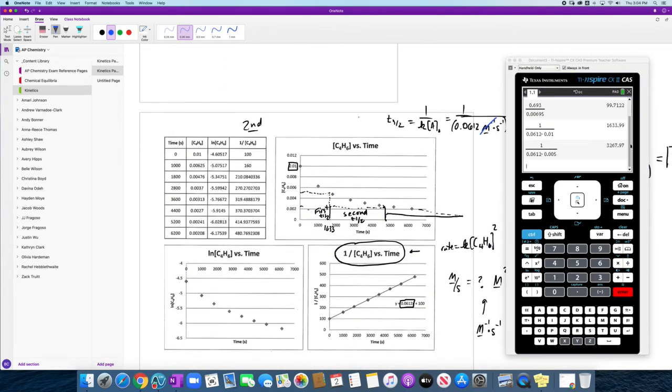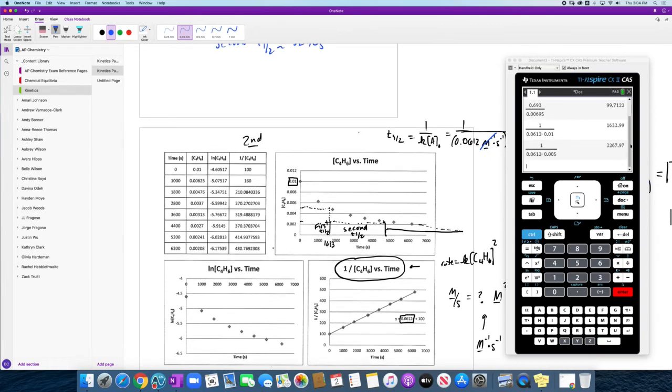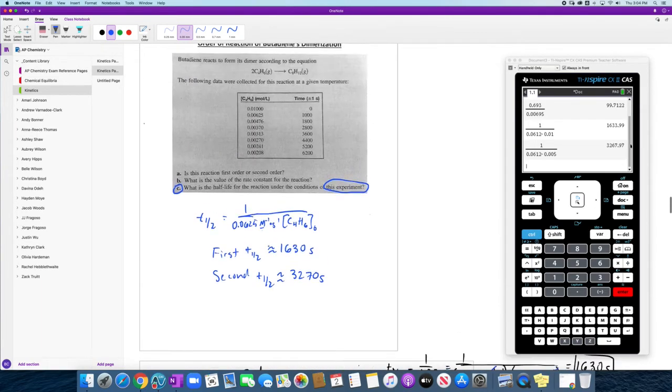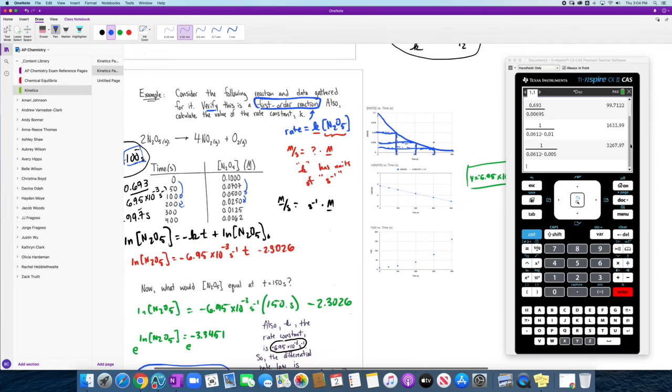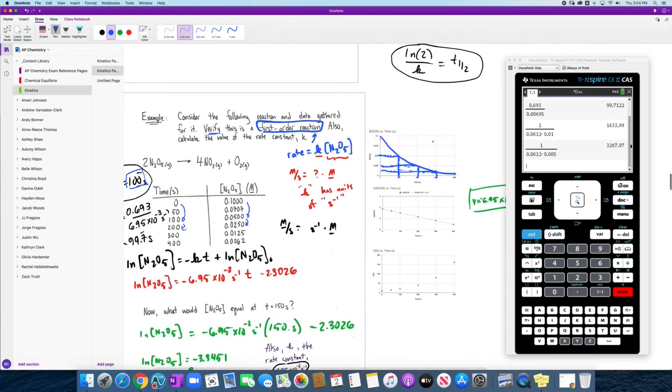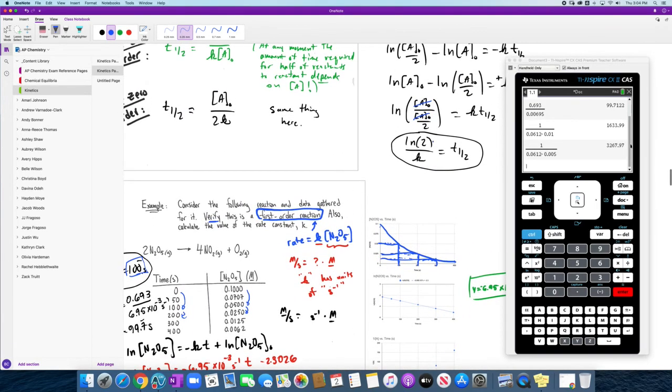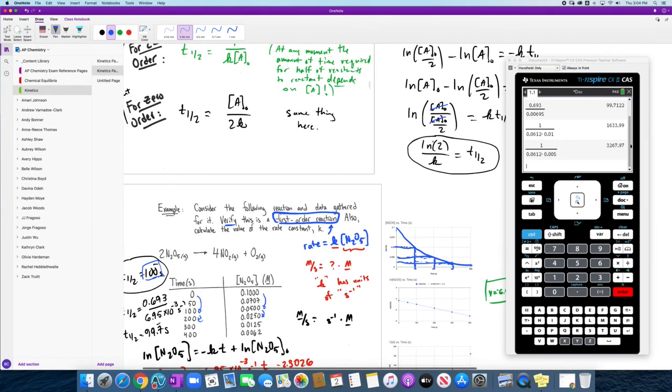If you see a constant half-life from your original data, like if you're looking at your graph and you notice, hey, every 100 seconds or whatever, every X number of seconds, the concentration's dropping by half, it's a first order reaction. Okay, and by the way, that's because it's an inversely proportional relationship.